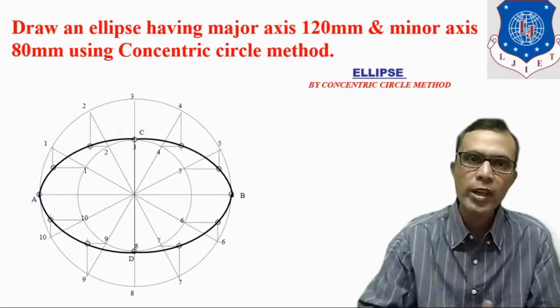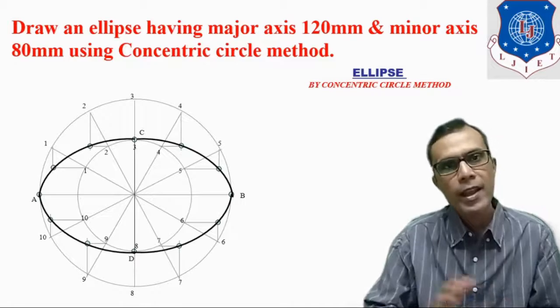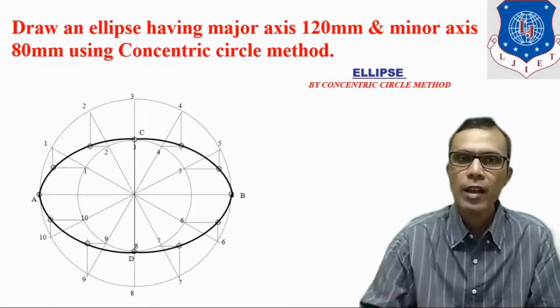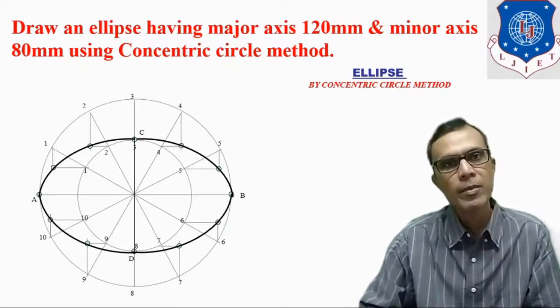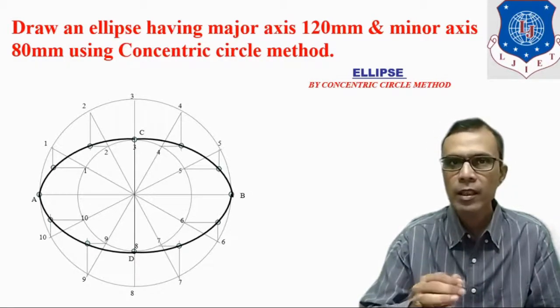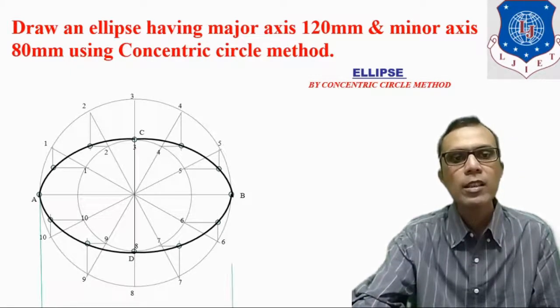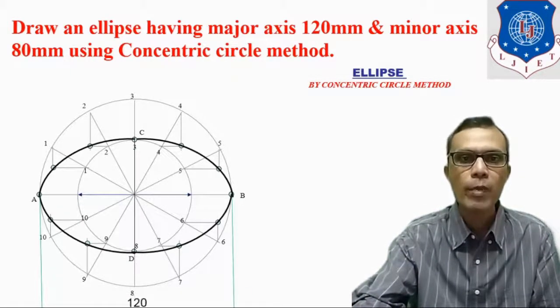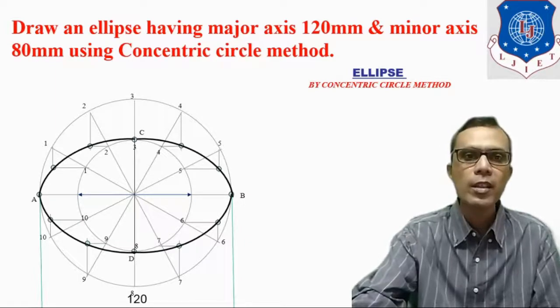One important point is that the main diagram should always be darker as compared to other construction lines. In the diagram it is very clear the main diagram is the ellipse and it is thick or darker as compared to other construction lines. Finally, write down the dimensions of the major axis and minor axis. Thus, the ellipse is completed by the concentric circle method.